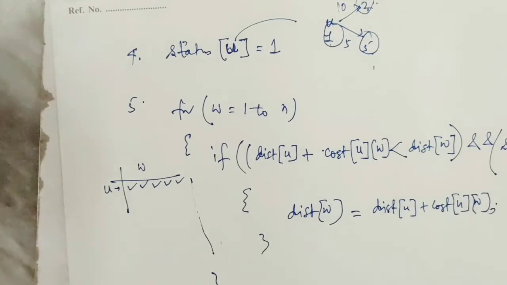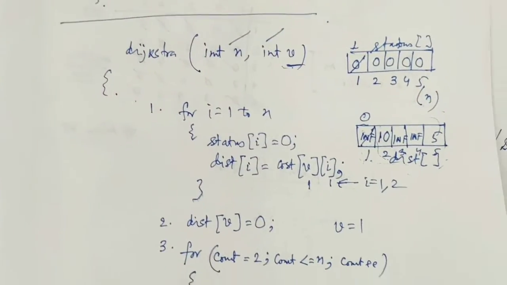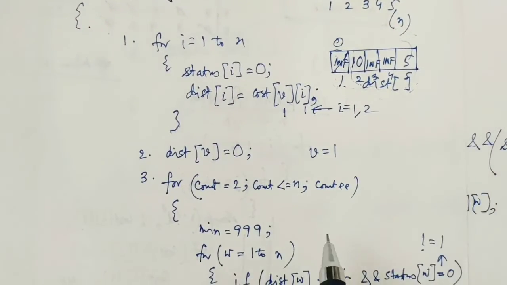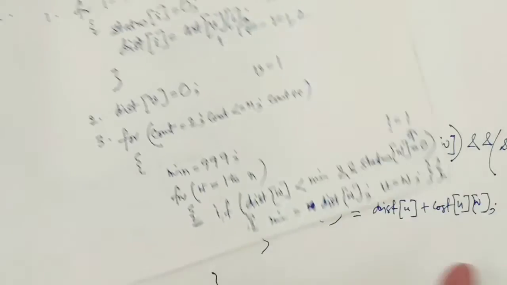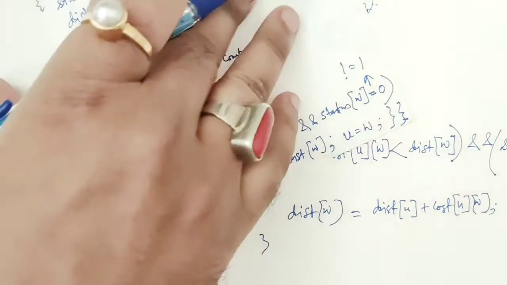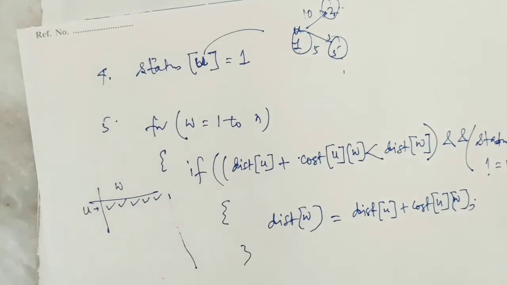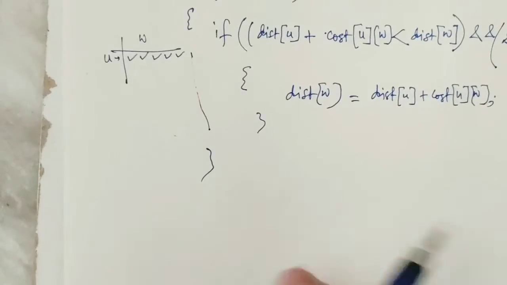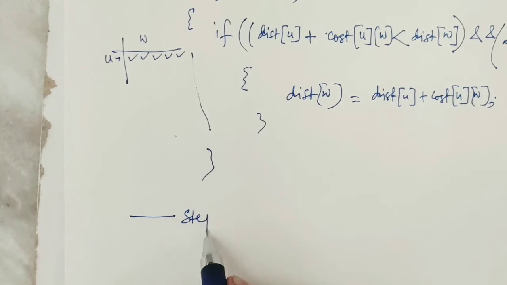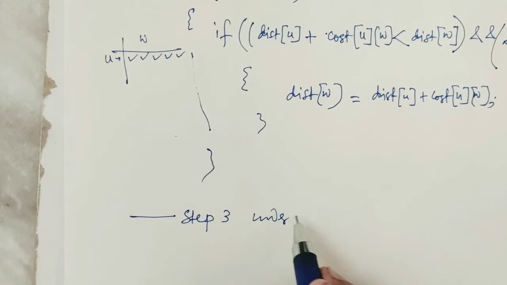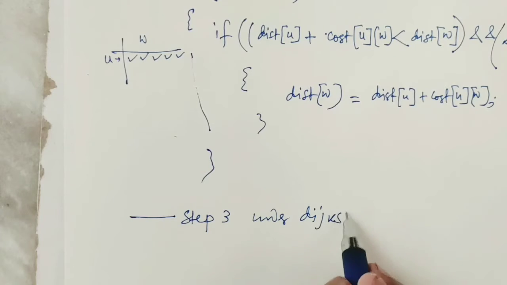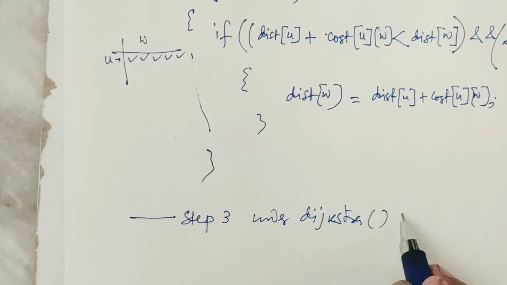No other part remains for Dijkstra. So you have opened a count loop under step 3, and everything that we consider here will be under count. So step 3 under Dijkstra completes.